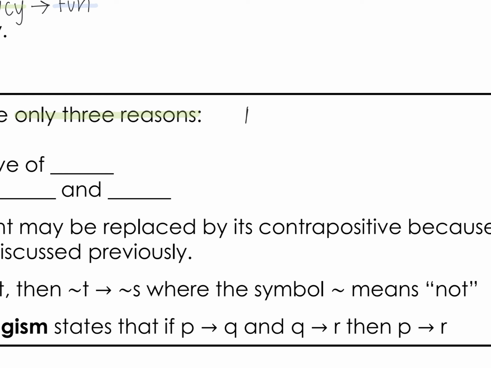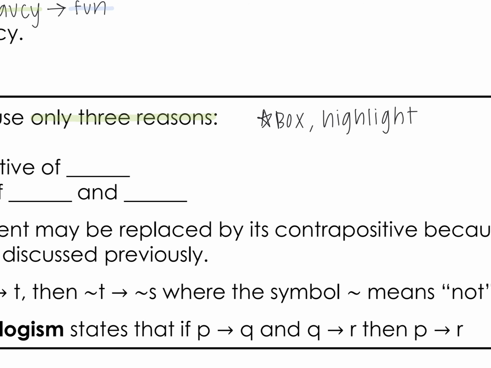You want to make sure that you are boxing. So you can box it. They're already pre-boxed down below, so we're just going to fill those in. I will allow you to also highlight them. You can circle it as well, but one of these needs to be happening for your reasons.